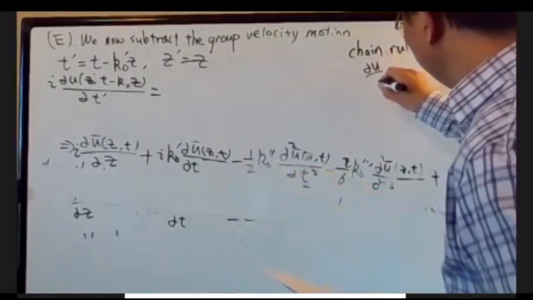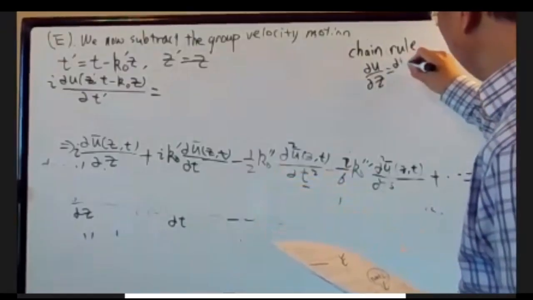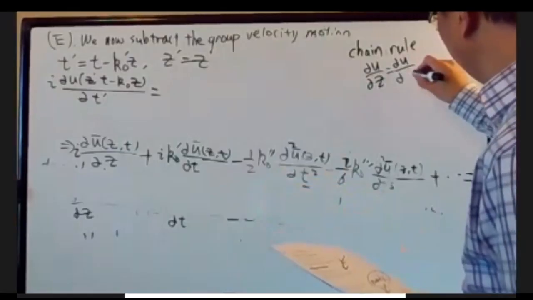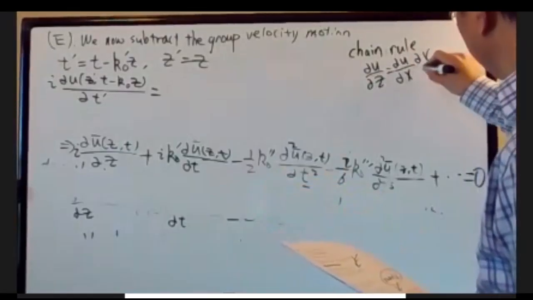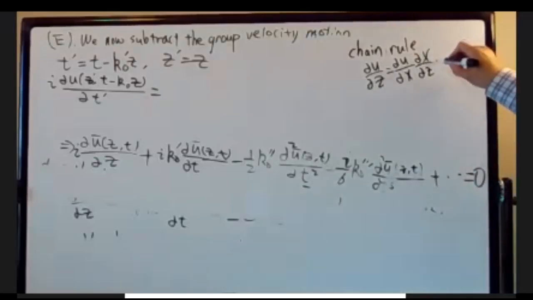The partial u with respect to z equals partial u with respect to x, partial x with respect to z, plus partial u with respect to y, and partial y with respect to z.